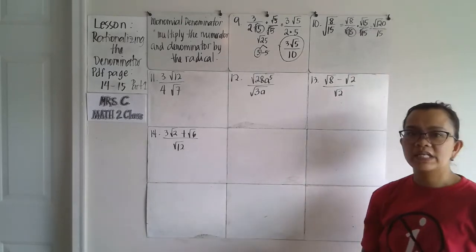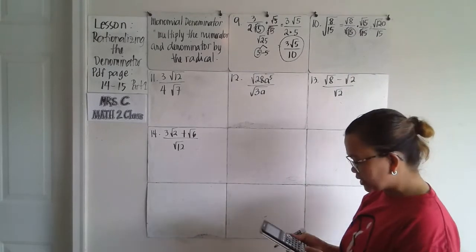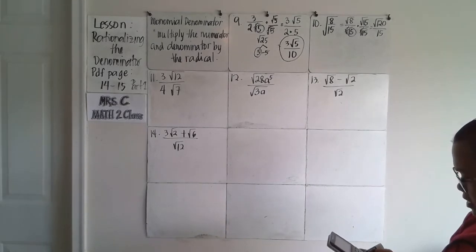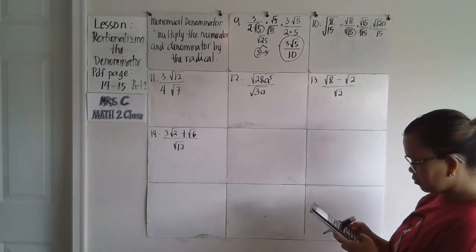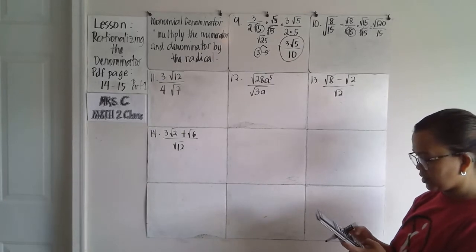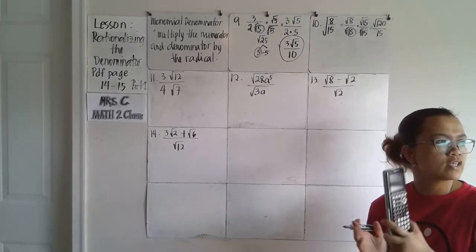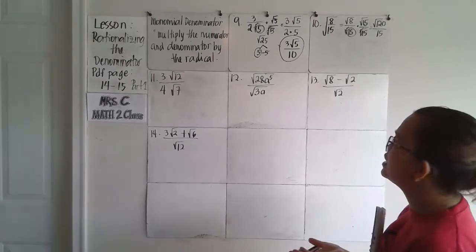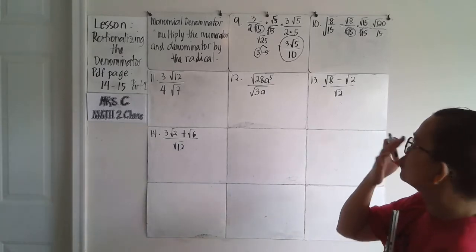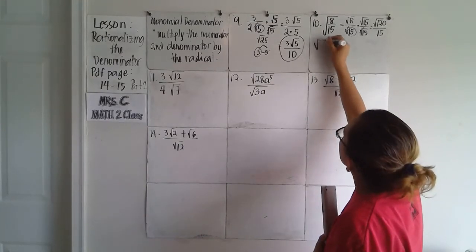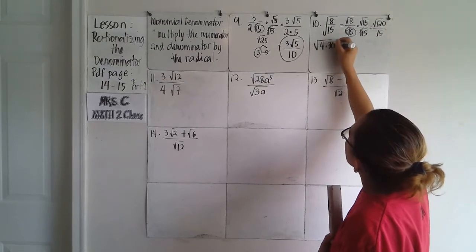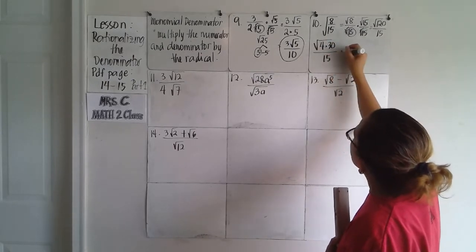Now, 120 can still be simplified because 120 is divisible by a certain perfect square, which is 4. 4 times 30. 30 doesn't have any perfect square number anymore. So let's leave it like 4 times 30 over 15.